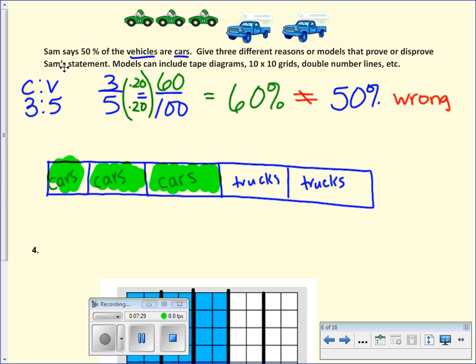What did we say our whole had to be? What is our whole? 100 what? Percent. So now I have to take my 100% and go from 0 to 100 in how many steps? 1, 2, 3, 4, 5. Take that 100, break it into 5 pieces.